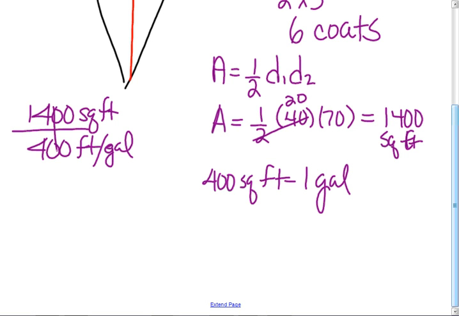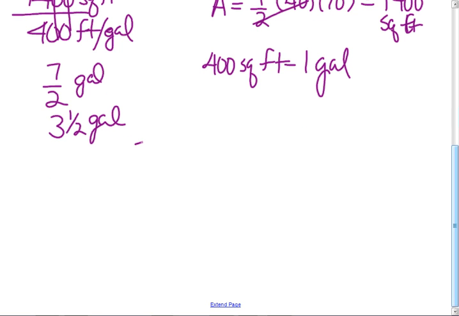And that reduces to 7/2 gallons. And that's 3 gallons and a half, so it's 3.5 gallons. 1,400. And what do you have to do? You have to do it how many times? 6 times. So it's 7/2 times 6.